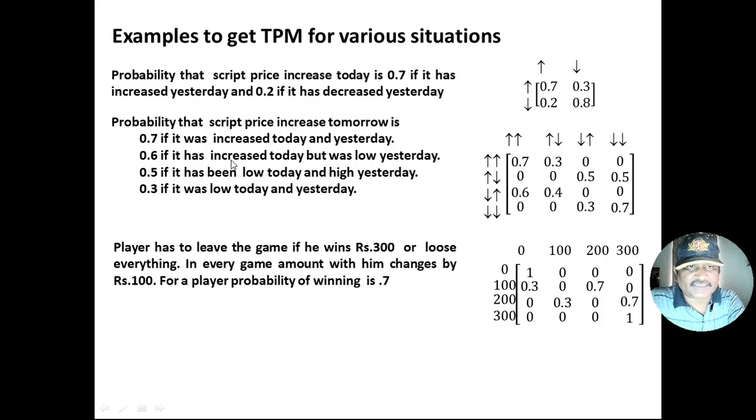Okay, I'm sorry, it is written a little bit grammatically incorrect. 0.7 if it increased today and yesterday. 0.6 if it has increased today but was low yesterday. 0.5 if it has been low today and high yesterday, and 0.3 if it was low today and yesterday. Now this implies that there are 4 states, right?